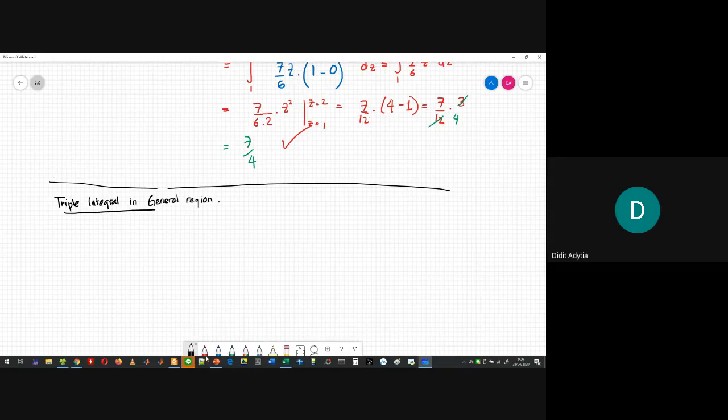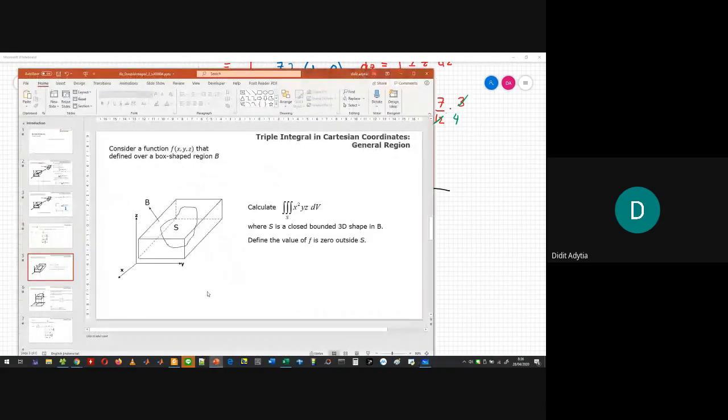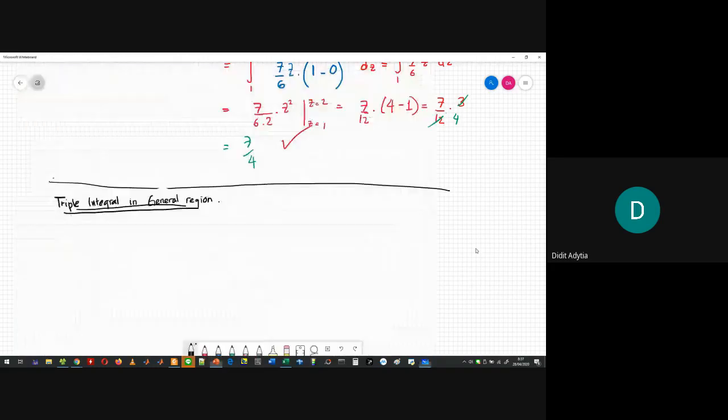Okay. Nah, seperti yang tadi itu adalah box yang tadi, okay. Nah, now we consider something like, okay, I will take this one, okay. I will group it this one, and then I will take it here.